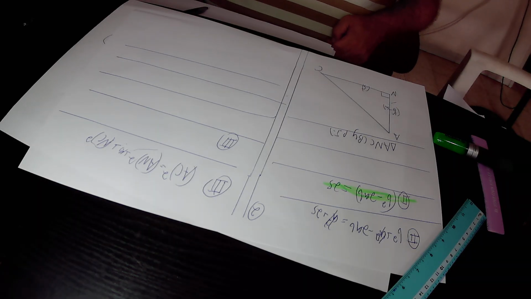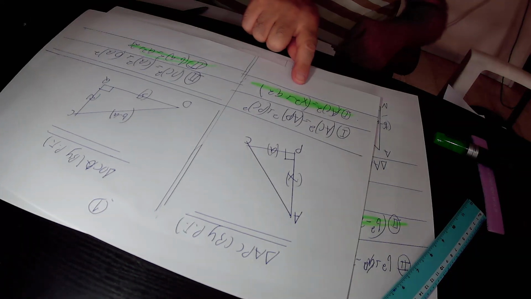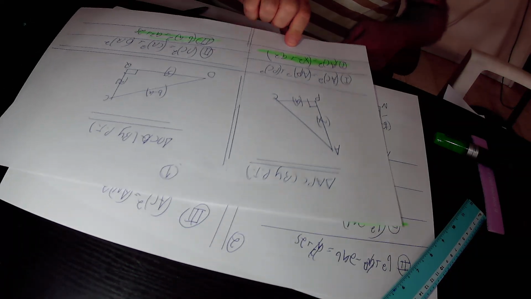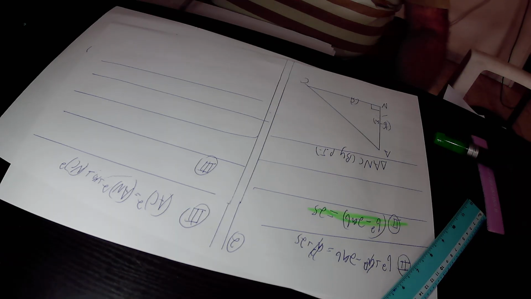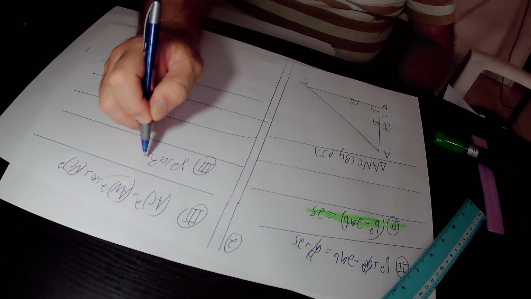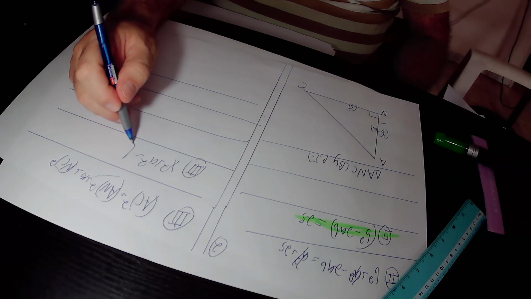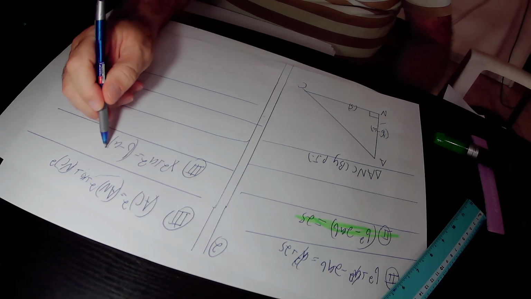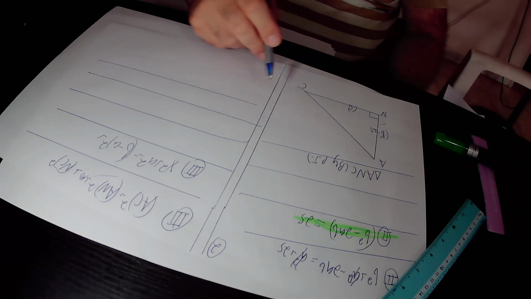According to equation 1, AC squared equals x squared plus a squared. Therefore, we substitute AC squared in equation 3 by x squared plus a squared, and it is equal to AN squared. AN is b minus a, therefore AN squared is b minus a squared, plus NC squared. NC is 5, therefore NC squared is 5 squared, that is 25.